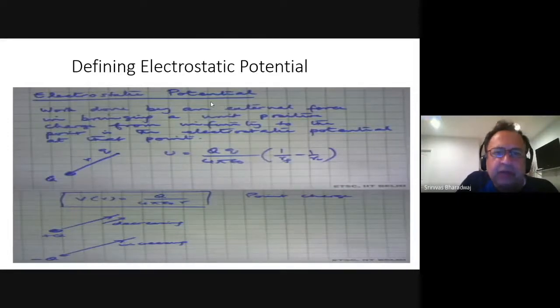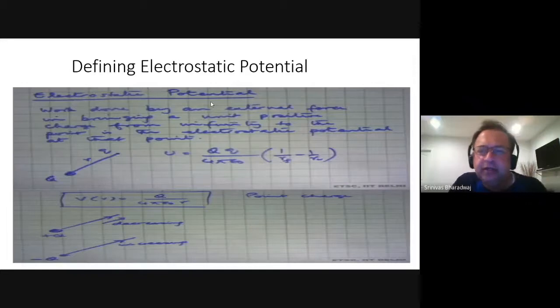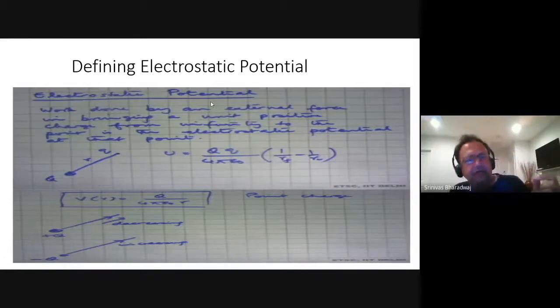Now, electrostatic potential is the work done by an external force in bringing a unit positive charge from infinity to the point in the electrostatic field. So you take a unit charge from infinity and bring it here.